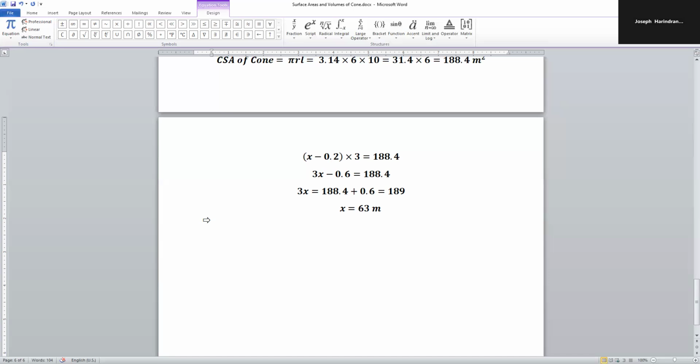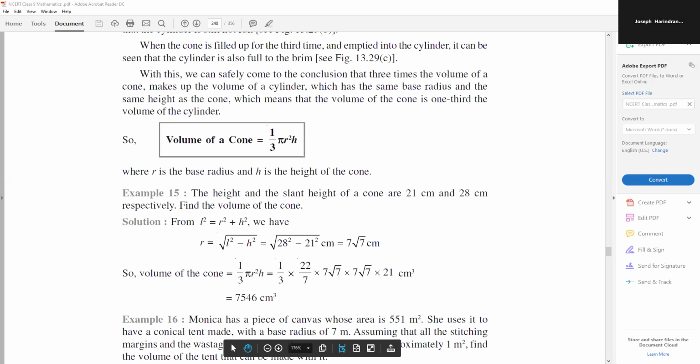Assuming that all, just a minute. We will go back to the textbook now. This is in the volume of cone.